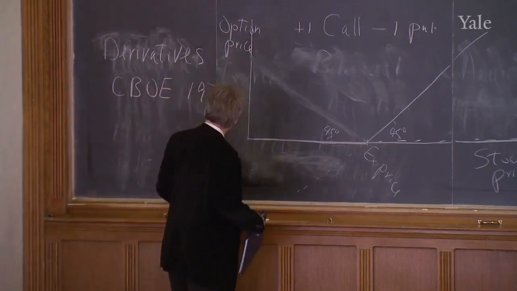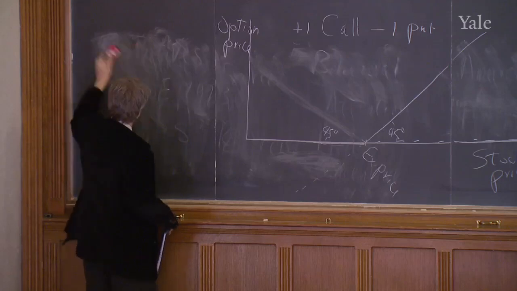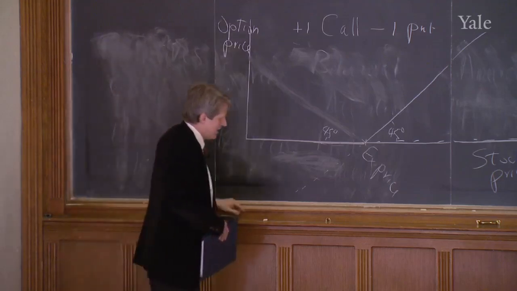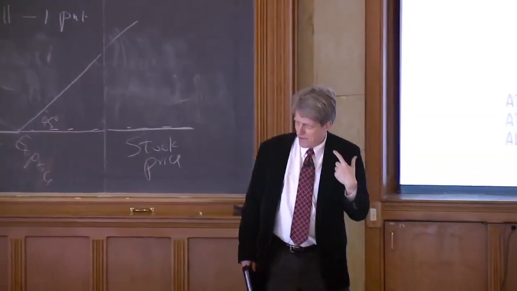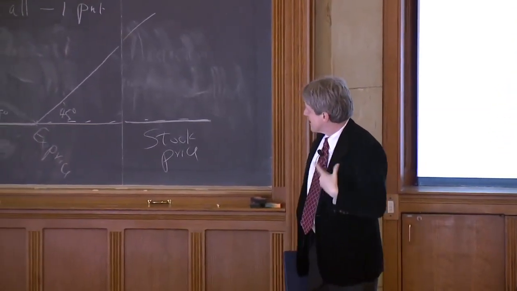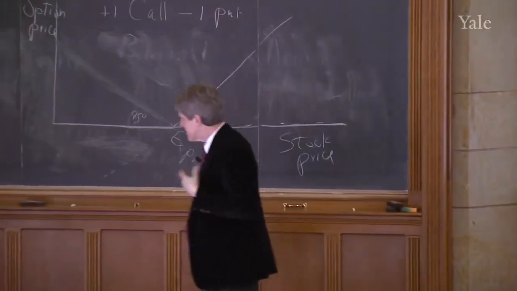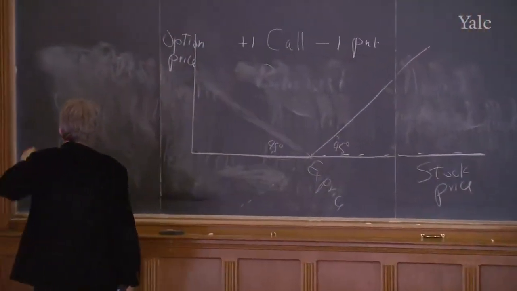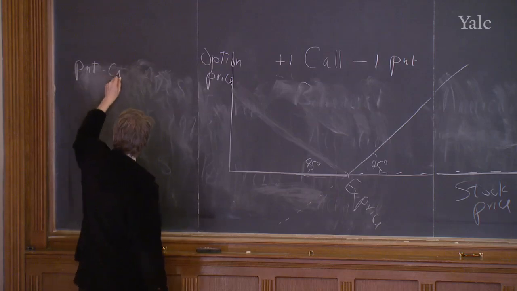This leads us to the put-call parity equation. Well, if a call minus a put is the same thing as the stock minus the exercise price, then the prices should add up too, right? So put-call parity.